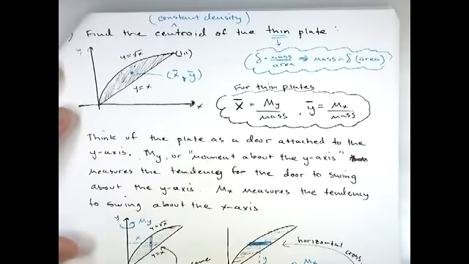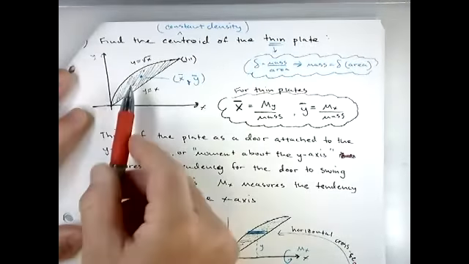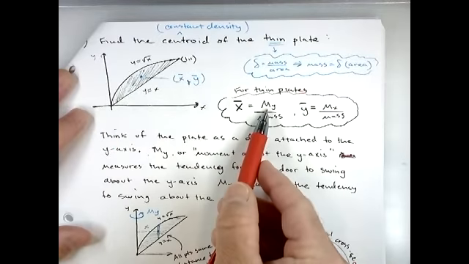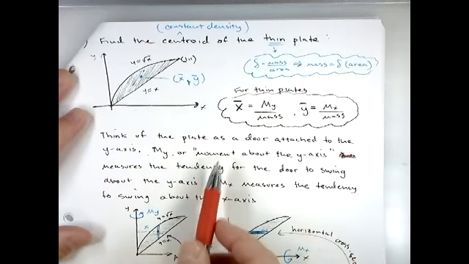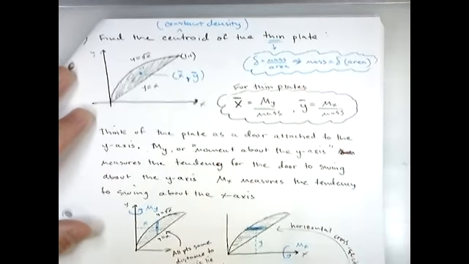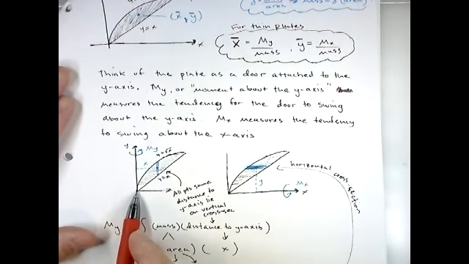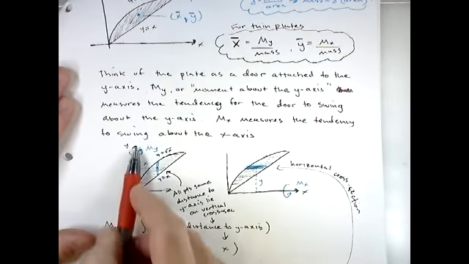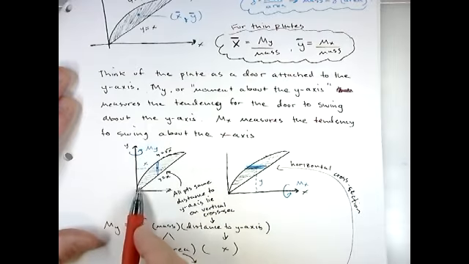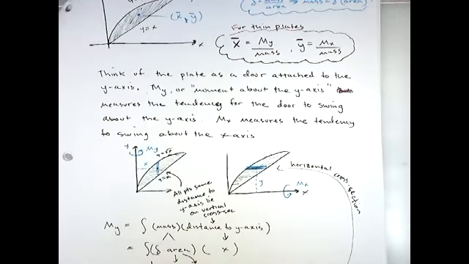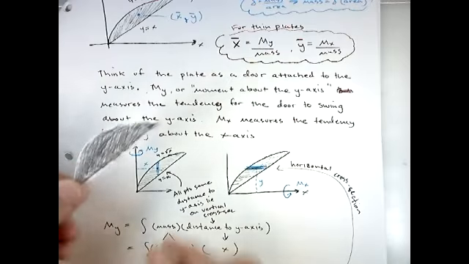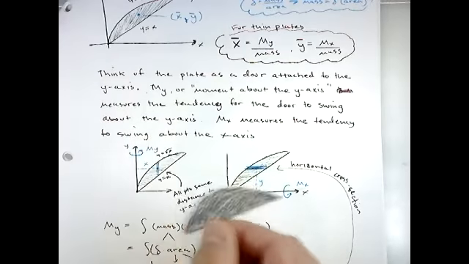So the way you can think of this, how we're going to find it and how we'll define moment about the y-axis and the x-axis, is essentially we're going to think about this plate as a door attached. Right now, let's imagine it attached to the y-axis. So imagine this plate could rotate around the y-axis. I tried to draw a little mini plate here.